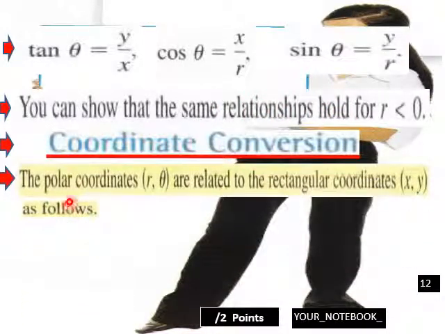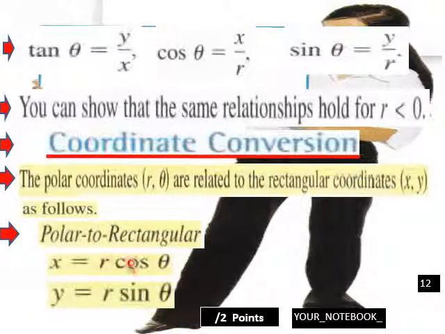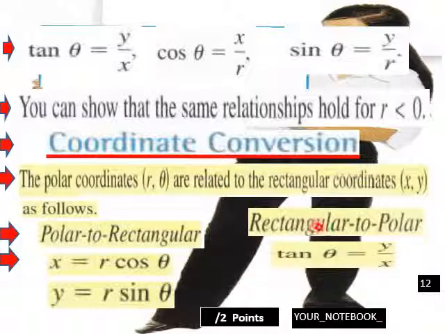The polar coordinates (r, θ) are related to the rectangular coordinates (x, y) as follows. Polar to rectangular: x = r cos θ and y = r sin θ. Rectangular to polar: tan θ = y/x, and r² = x² + y².